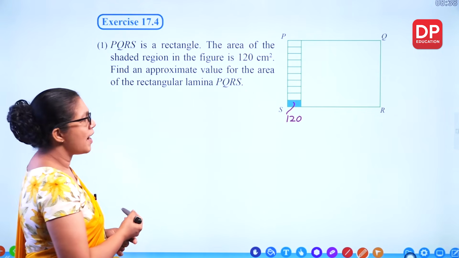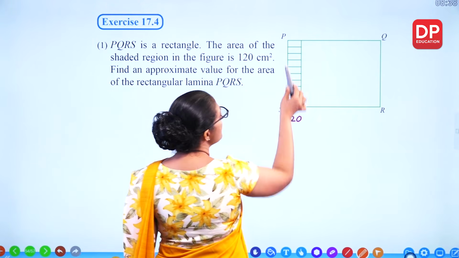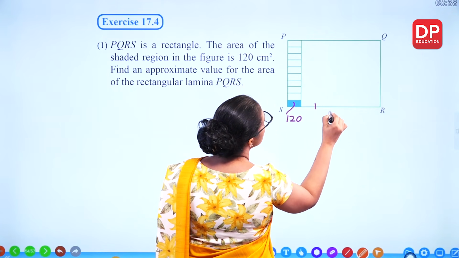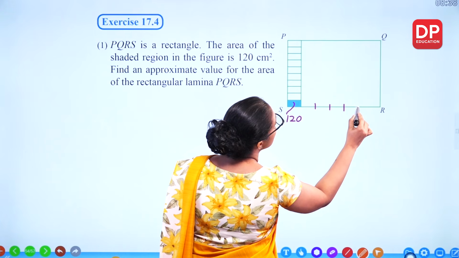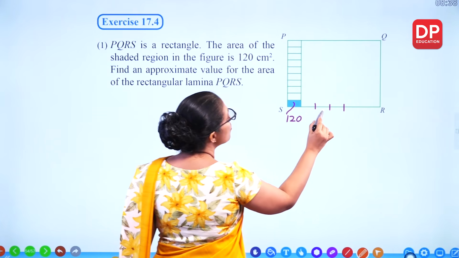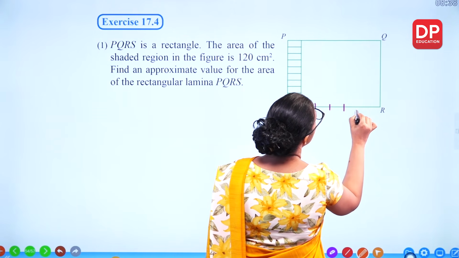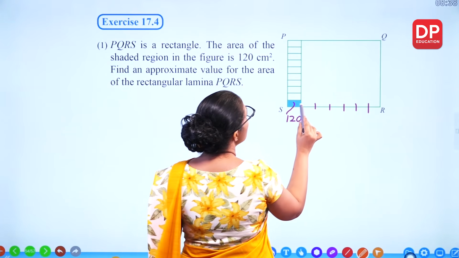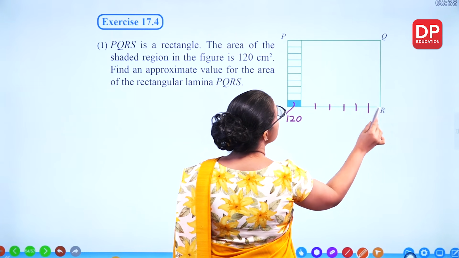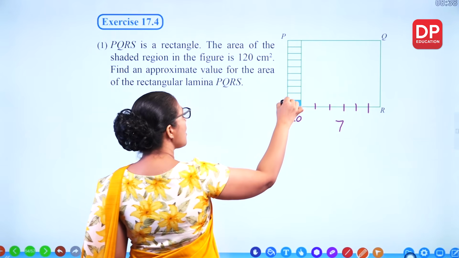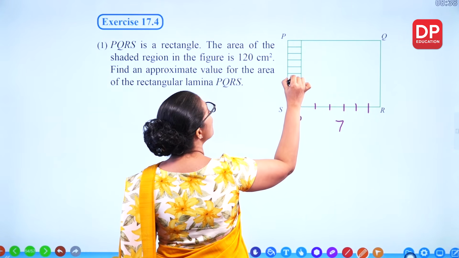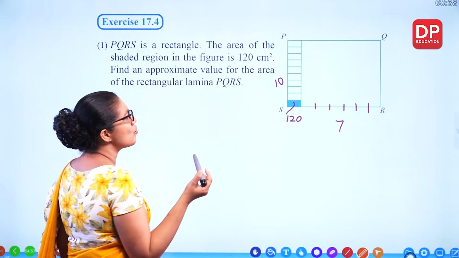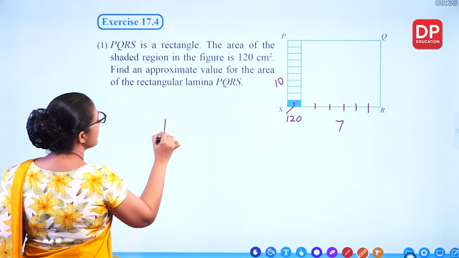So we need to find out how many strips like this you can fit. 1, 2, 3, 4, 5, 6, 7 this way. How many this way? 1, 2, 3, 4, 5, 6, 7, 8, 9, 10. 10 this way. So what's the total area?